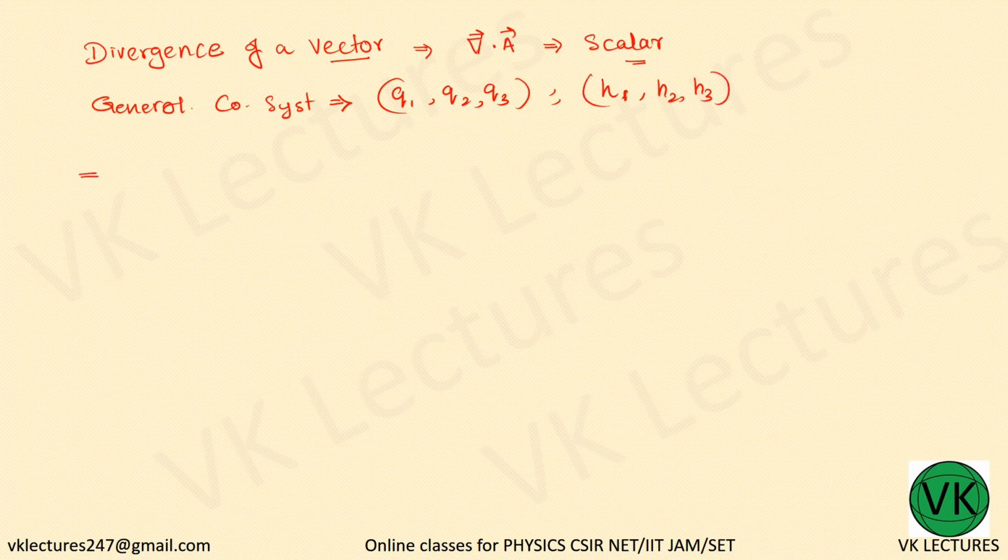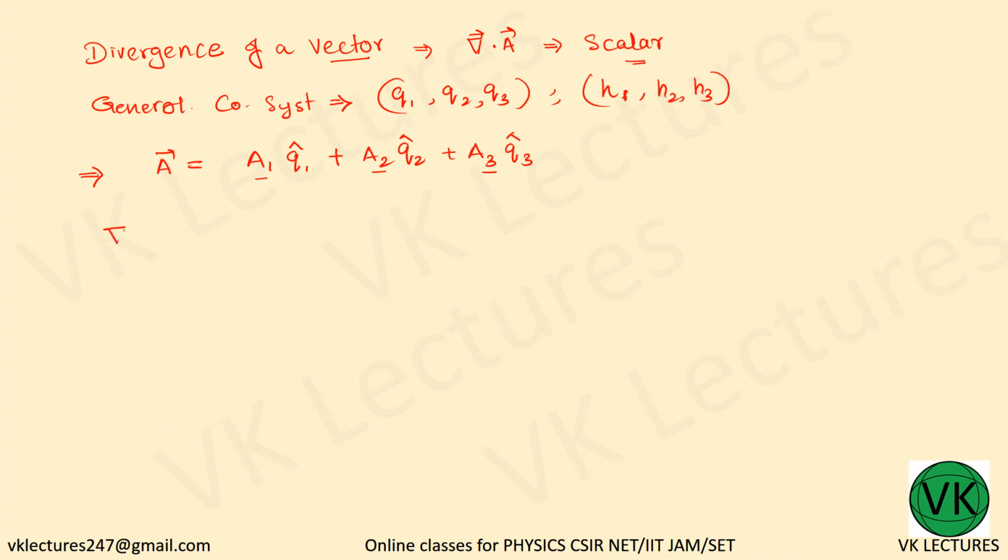For any vector a, it can be written as a1 q1 cap plus a2 q2 cap plus a3 q3 cap. This is the value of the quantity in each direction, q1, q2 and q3.